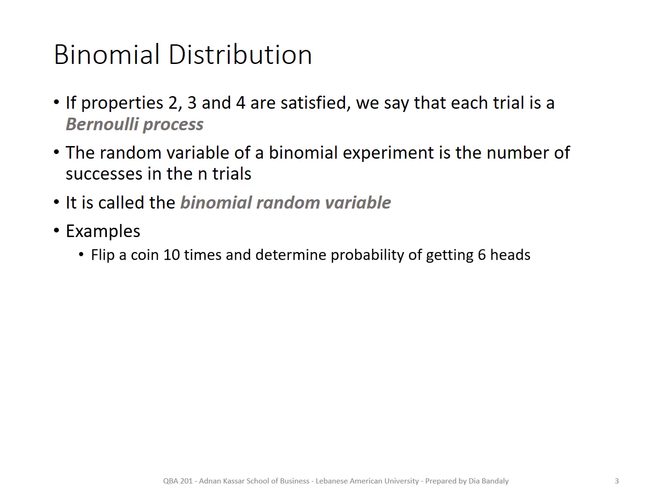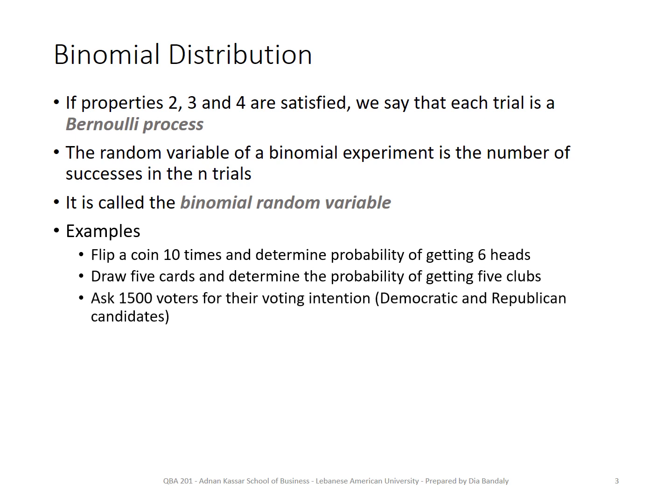So, other examples besides flipping a coin: for example, drawing a card, and let's say we are interested in seeing whether we're going to observe 5 clubs, so this will be the number of successes.